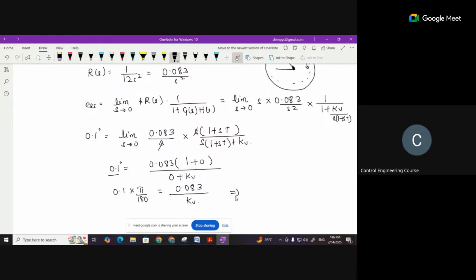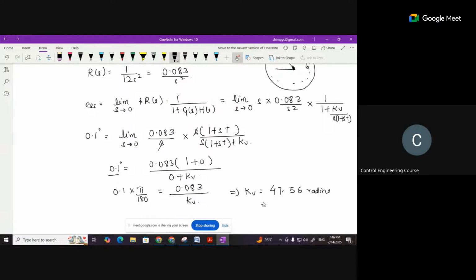So what is kV? kV will be, how much is it coming? Around 47 point something, 47.56 radians. And if again I ask you in degrees, how much will it be?